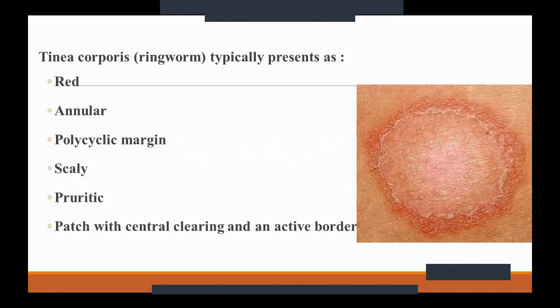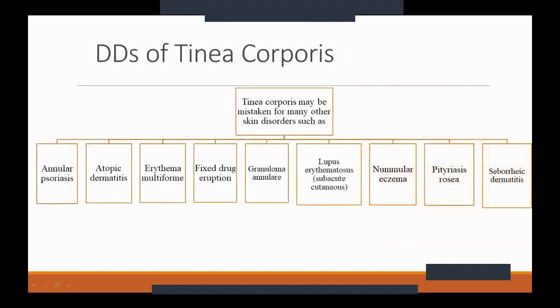So this is the classical description of the rash occurring in a Tinea corporis patient: a red, annular, polycyclic margin, scaly, pruritic patch with central clearing and active border. It is also called ringworm, as we know.